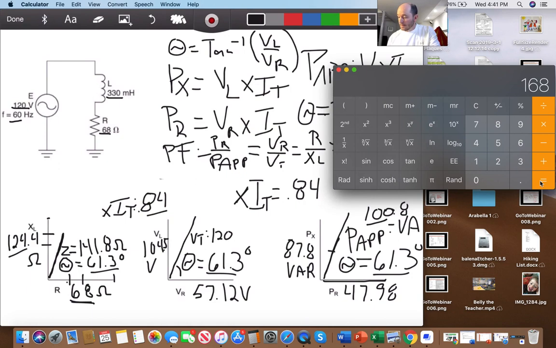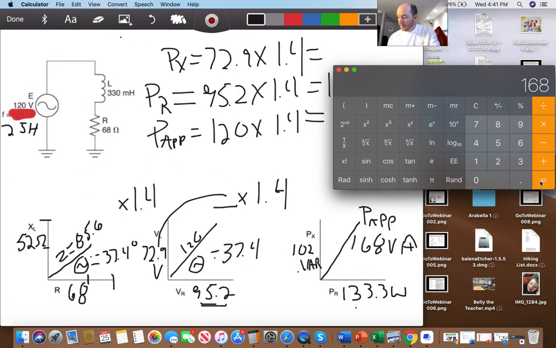All right, my phase angle is the next thing that I want to calculate. I know what it is going to be, but let's verify it anyway. PX over PR, and we'll take the inverse tangent of that. Let me erase this and try it one more time to make it a little clearer for you guys.